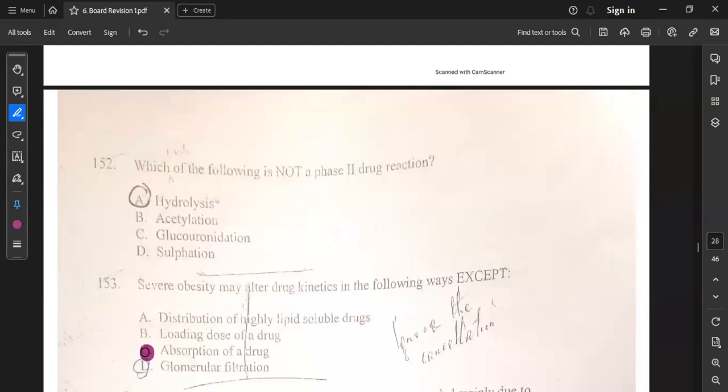Because if there are, maybe to cope with the large calorie intake, that would mean it also affects absorption. No, there are no changes in the GIT in obesity. It remains the same.